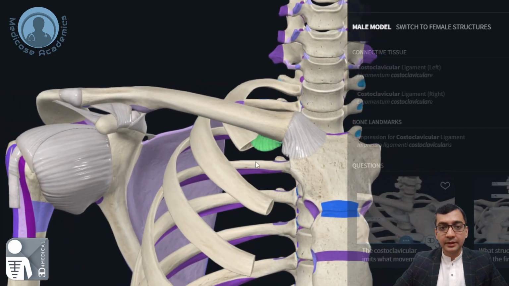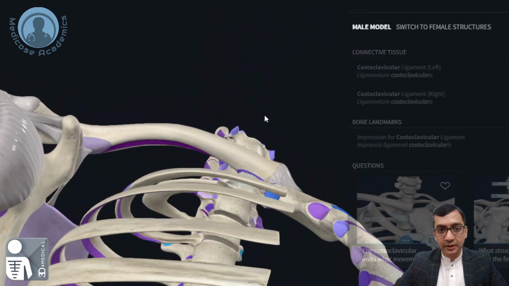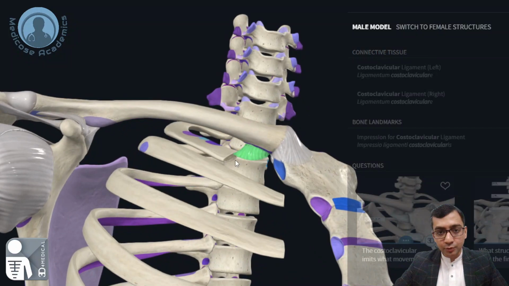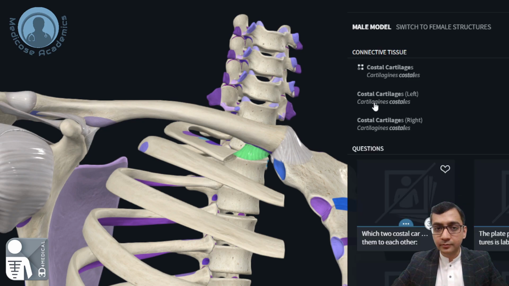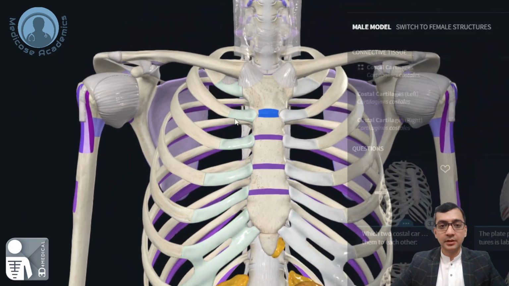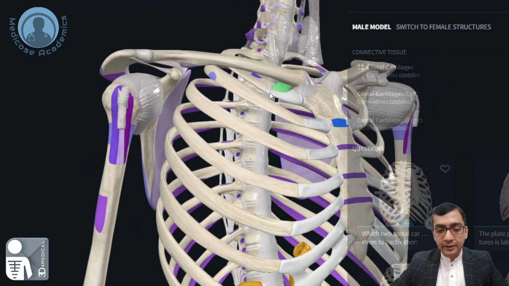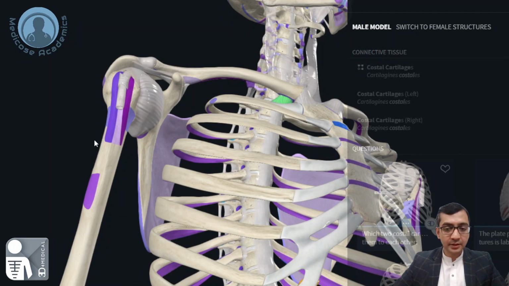Here is the ligament. This ligament runs from the lower end of the clavicle to the costal cartilage of the first rib. So here is the costoclavicular ligament, running from this medial aspect to here.